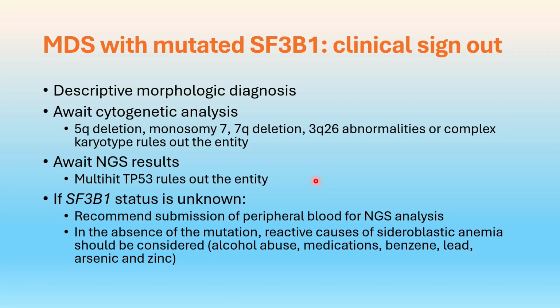So if you don't know whether there is a pending NGS, I would put a note saying that you can submit peripheral blood for NGS analysis, and in the absence of the mutation, please consider reactive causes of sideroblastic anemia. There are multiple benign reasons for someone to have ring sideroblasts, and it is not equivalent to having MDS.